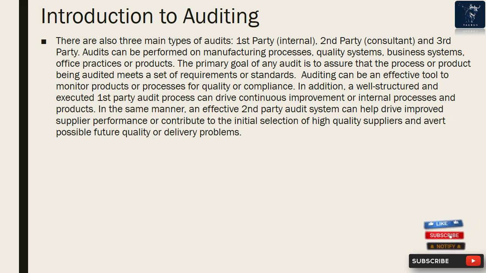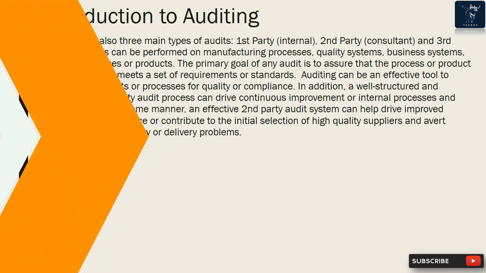In addition, a well-structured and executed first-party audit process can drive continuous improvement of internal processes and products. In the same manner, an effective second-party audit system can help drive improved supplier performance or contribute to the initial selection of high-quality suppliers and avert possible future quality or delivery problems.